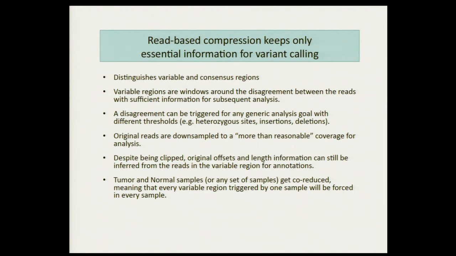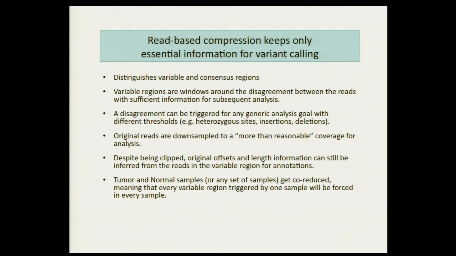We're going to try to keep as much information as we can so that the subsequent analysis tools can be empowered to make the right decisions. So that's the whole philosophy. Throw away data that's not critical for making the right calls, and keep all the data that's necessary to disambiguate what's going on in the genome.